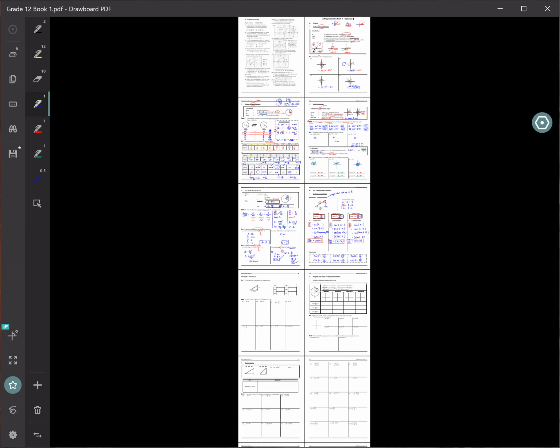Adjacent over opposite. Yes, the flipping of tangent, right? Next one, Cindy, what is cosecant? Hypotenuse over opposite. Very good.